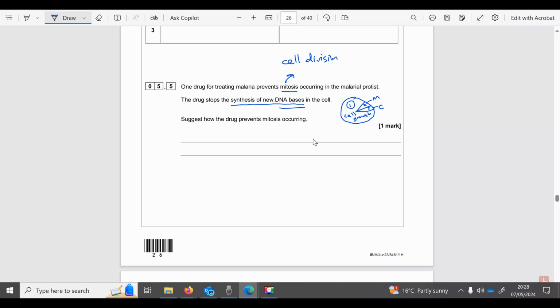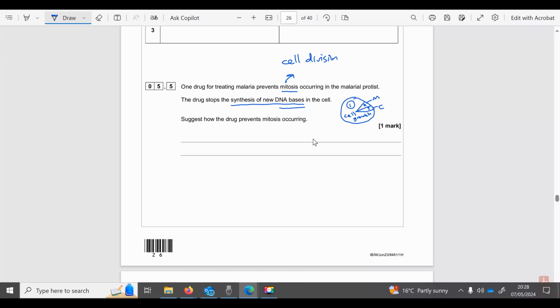What happens during this first stage then? Two main things are happening. There's an increase in the number of your subcellular structures or organelles, and there is DNA replication. So let's look at what it says again. The drug prevents mitosis occurring in malarial protist. So stage 2 can't occur.